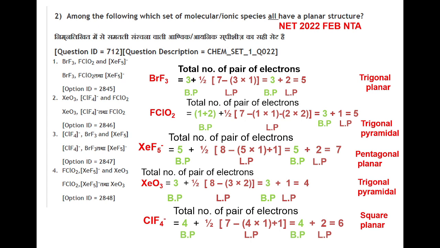Planar in a trigonal, one case trigonal planar, another pentagonal planar, another square planar. So answer 3 is the correct answer: ClO4 minus, XeF5 minus, and BrF3 minus. Okay, so this is the correct answer. Answer 3 is the correct answer. So these three structures are planar.